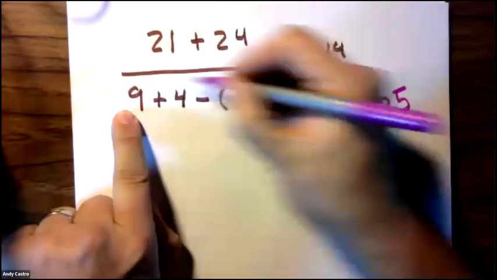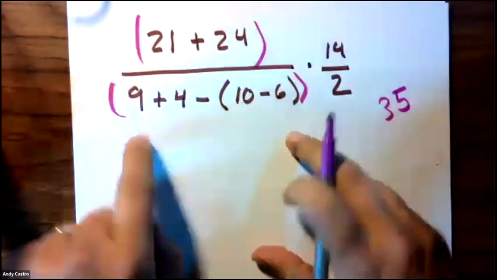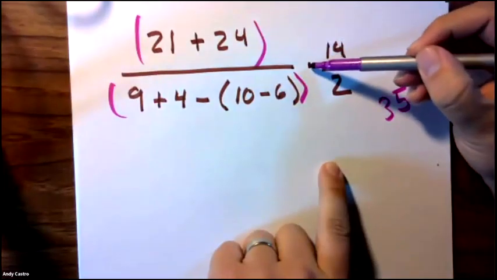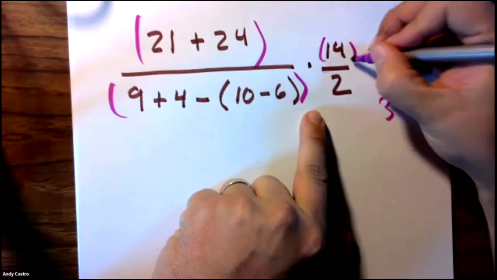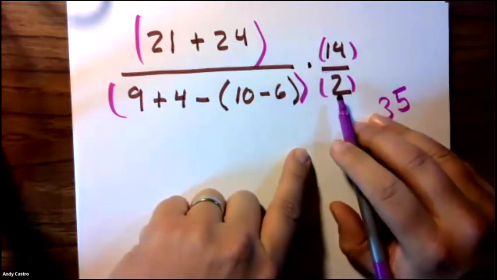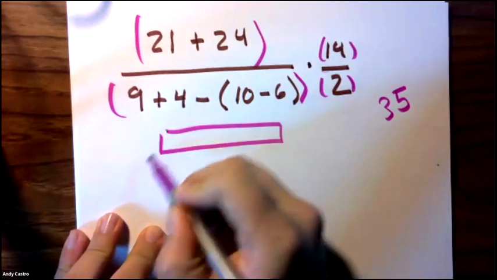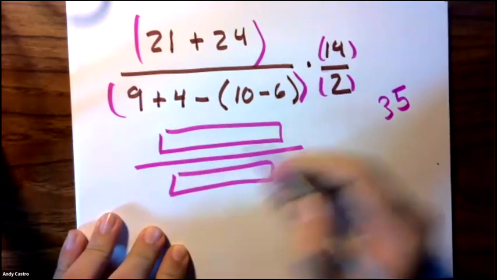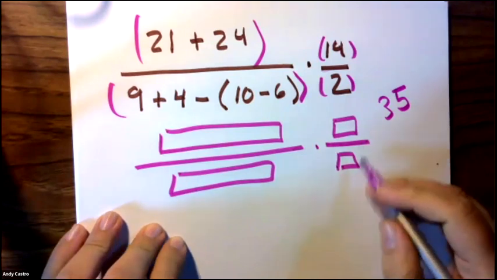All right, so here, this vinculum means we have parentheses on top and bottom. And notice here, we're multiplying by another something with the vinculum. Now, here, we can treat this as two fractions multiplied by two fractions, right?